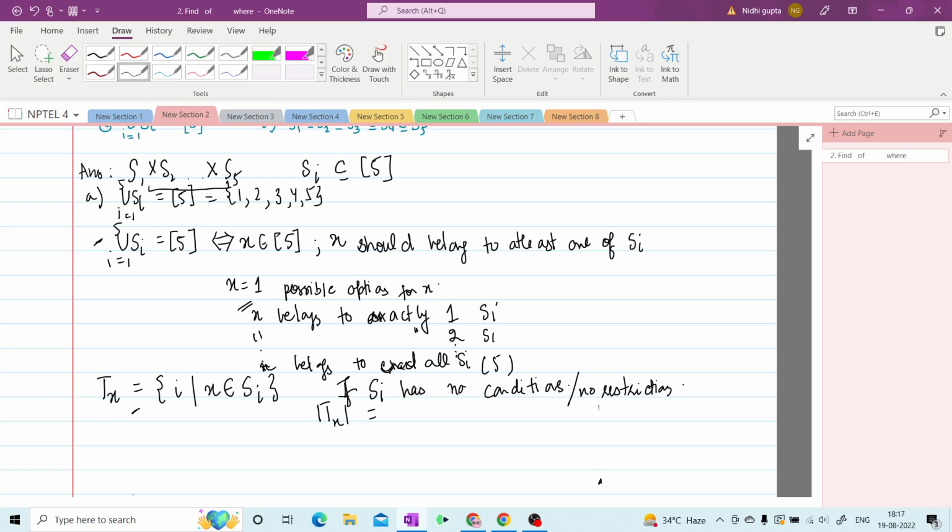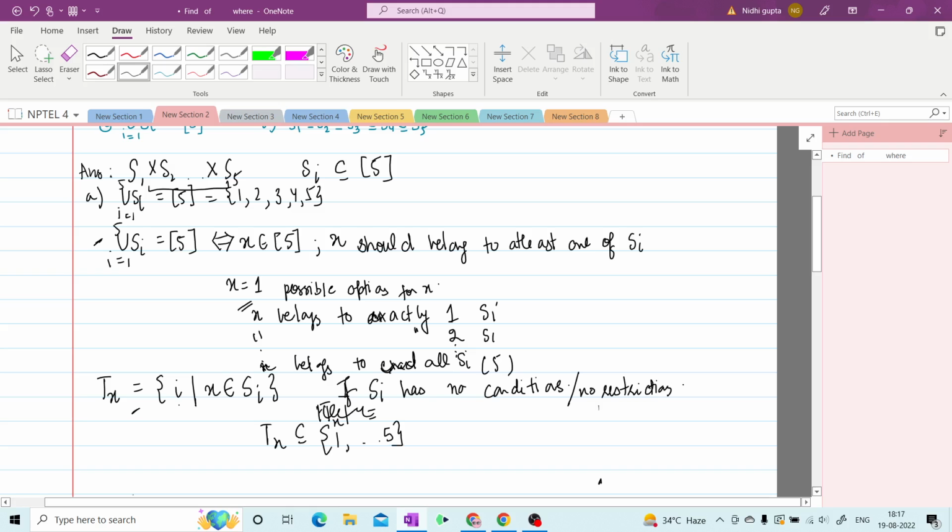X can belong to S1, X can belong to S2, and so on. So any possibility for Tx is that Tx will be a subset of 1 to 5.